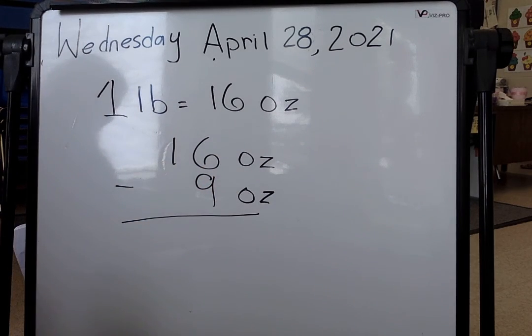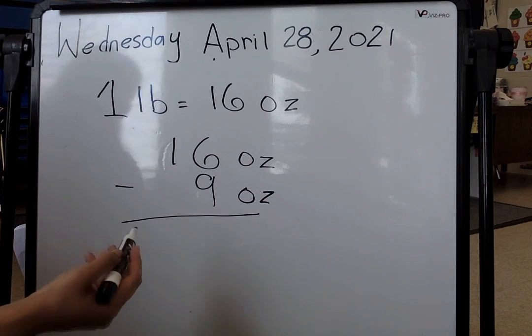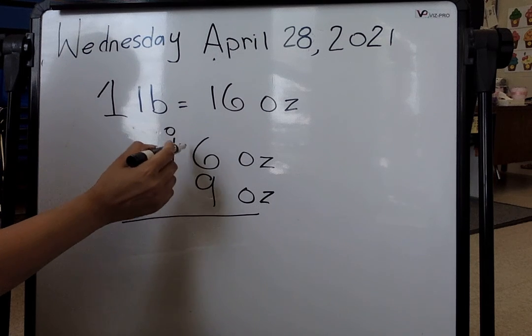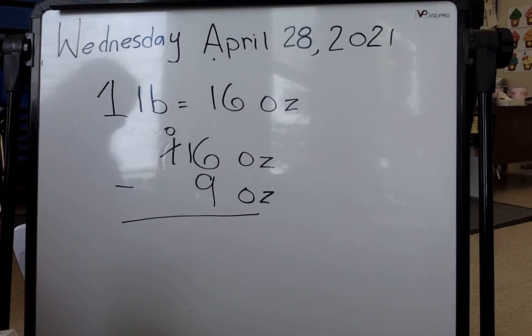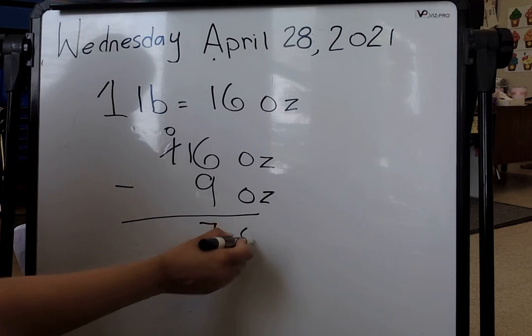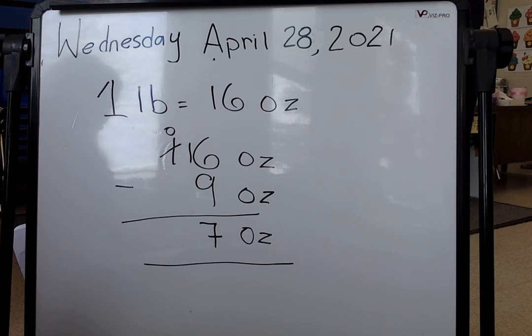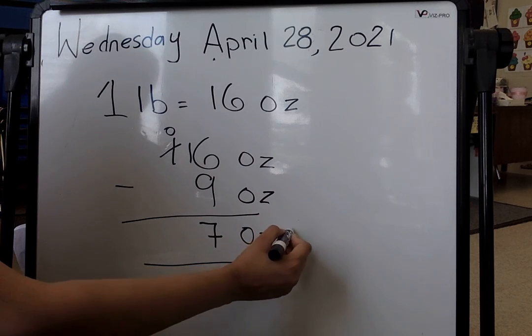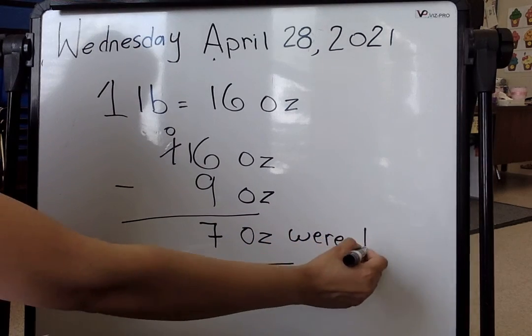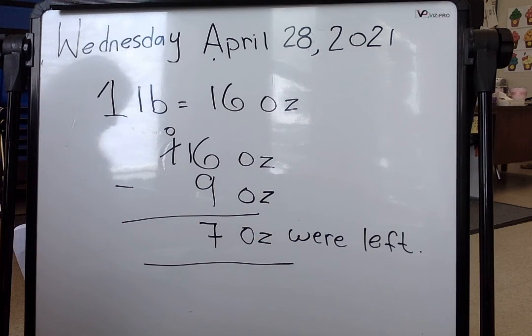We cannot do 6 take away 9, so we make it a 16. 16 take away 9, and we are left with 7 ounces, right? So how much was left over? 7 ounces were left. Okay, let's go on to our next question.